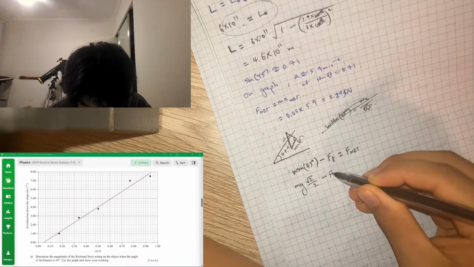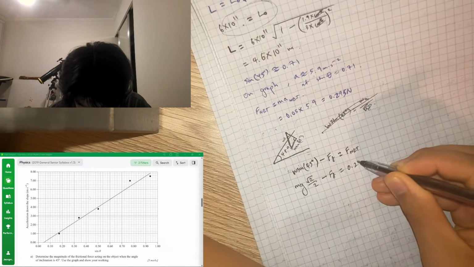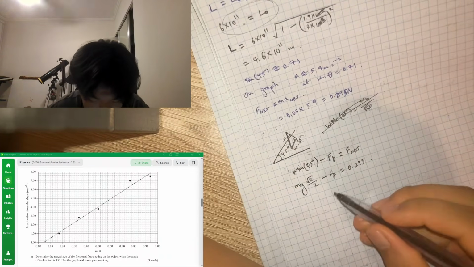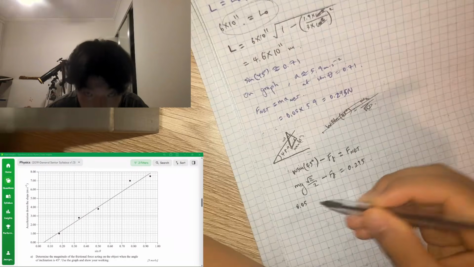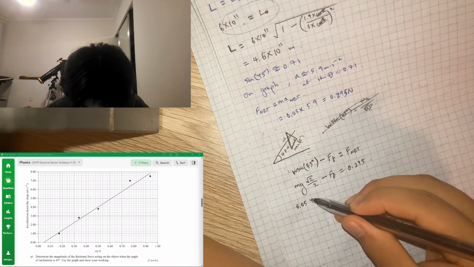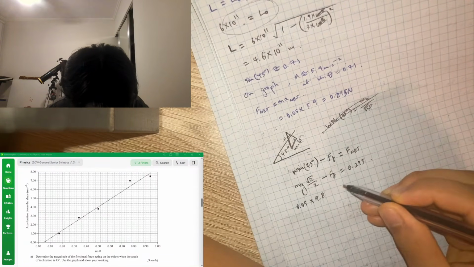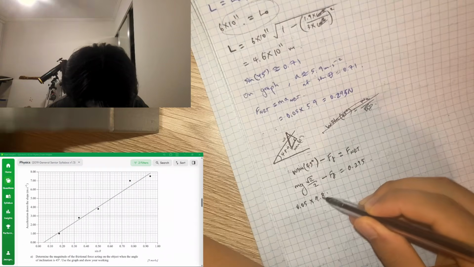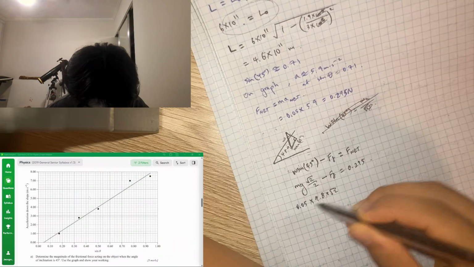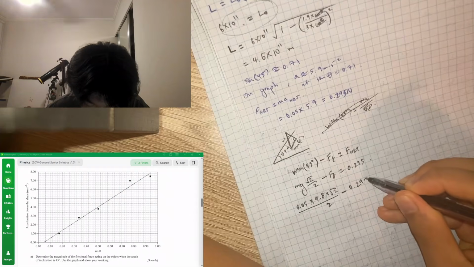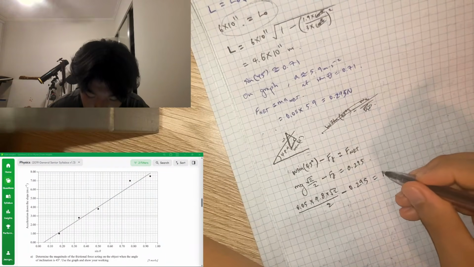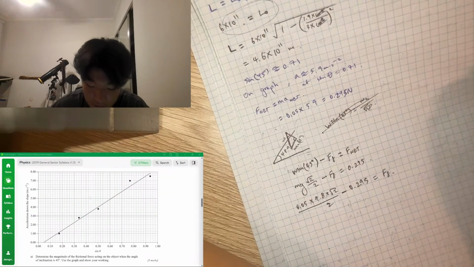And then we sub in 0.295 for the net force. Okay, and m is 0.05. We multiply by 9.8. And then multiply by square root 2 over 2. Minus 0.295. And then add the frictional force to isolate it.